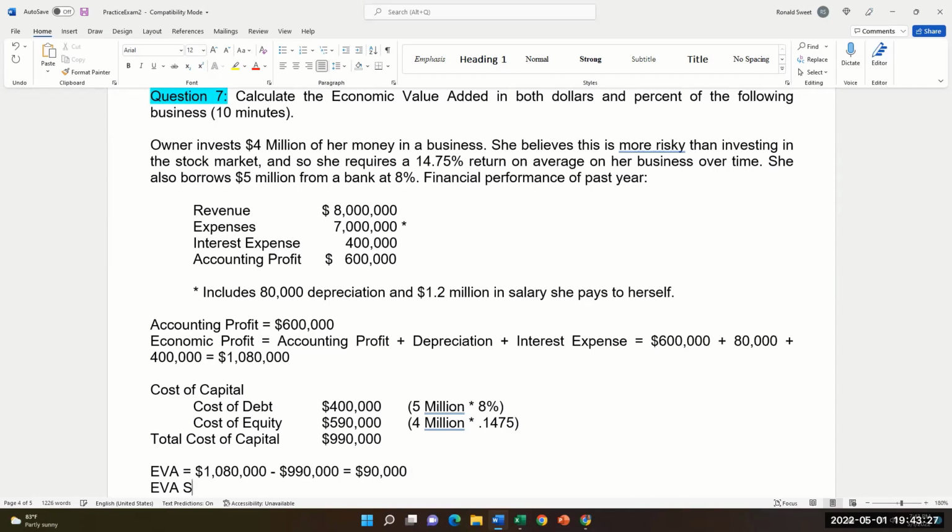And your EVA spread equals the 90,000 over your 4 million plus your 5 million, sorry. And that does equal 1%. Yeah, so you divide your EVA spread by your total amount of capital employed. That gives you 1% EVA spread.